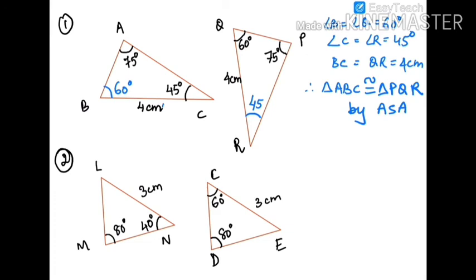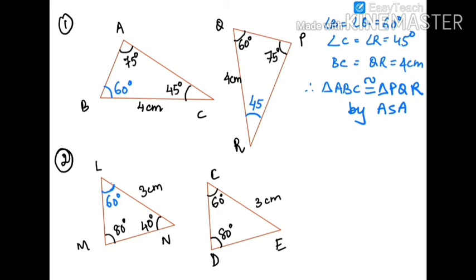Look at the second example. Angle M is equal to angle D and LN is equal to CE. Using angle sum property in the first triangle, we can find out the third angle, which is equal to 60 degrees. So we can say that angle M is equal to angle D, angle L is equal to angle C, and LN is equal to CE.